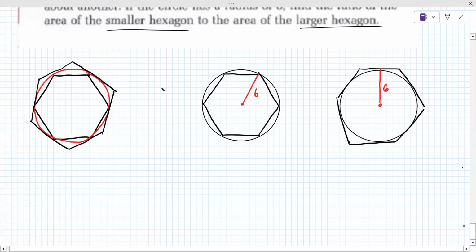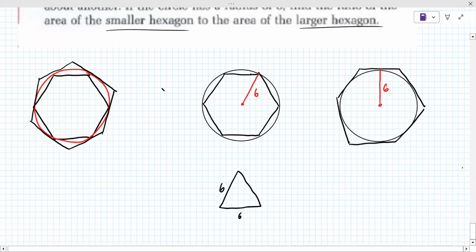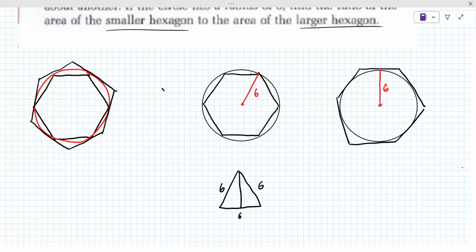For the one in the smaller hexagon here, and actually maybe I should have drawn it the other way, but you have this triangle here where this is 6, 6, and 6, and you do need the height there. What would that be? 3√3. Yeah.